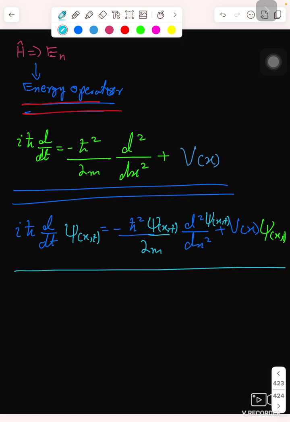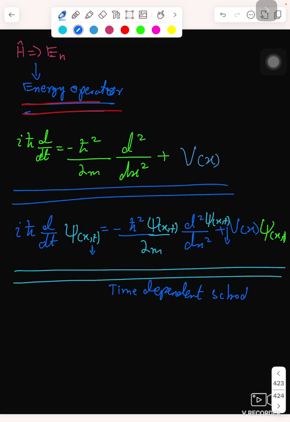Now this is the full version of the Schrödinger equation. Remember, this t over here shows that it's the time dependent Schrödinger equation. If we don't include t, it becomes the time independent Schrödinger equation.